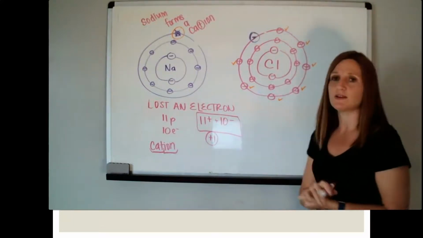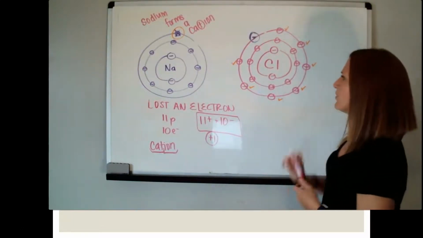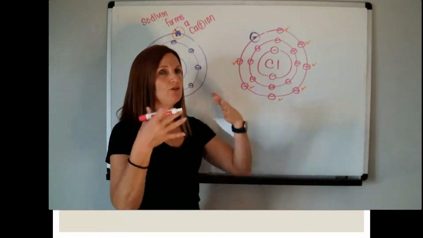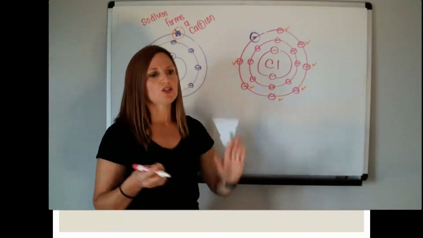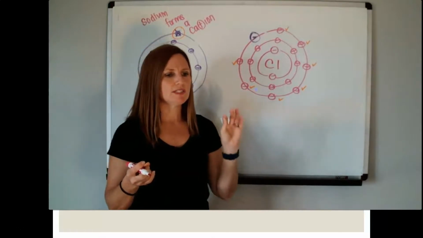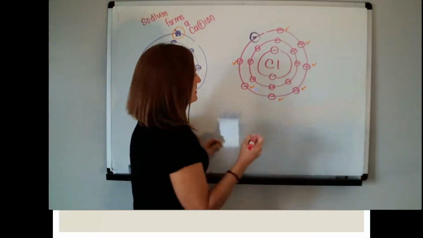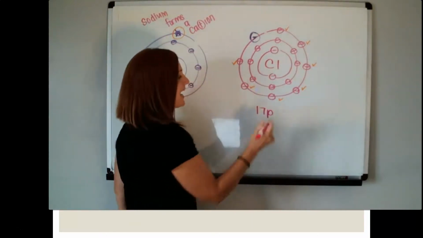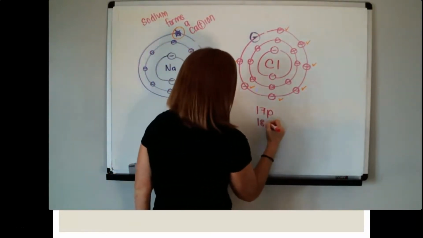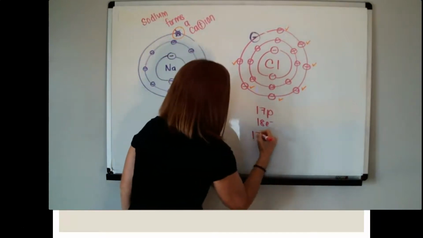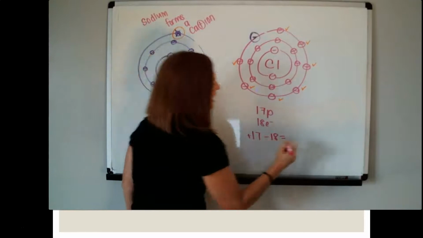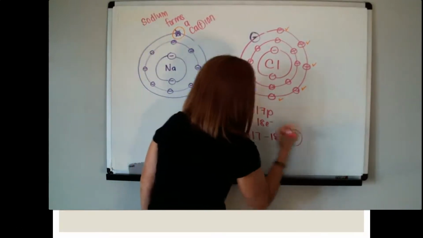On the other side of the coin, we have chlorine. Chlorine had to gain an electron to fill its valence shell. So chlorine used to have 17 protons, but now it has an extra electron, it has 18 electrons, or it has 17 plus, 17 minus 18, that's going to give me a -1 charge.